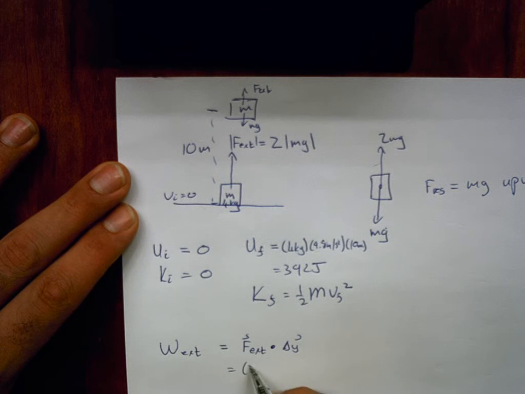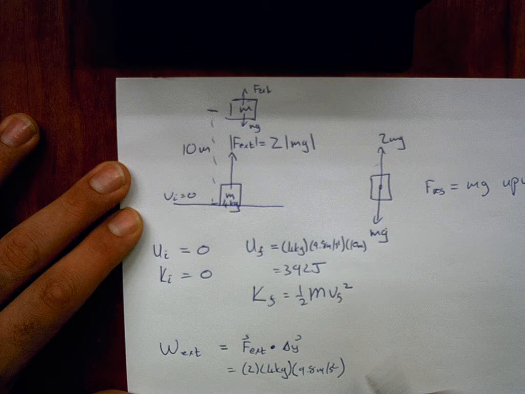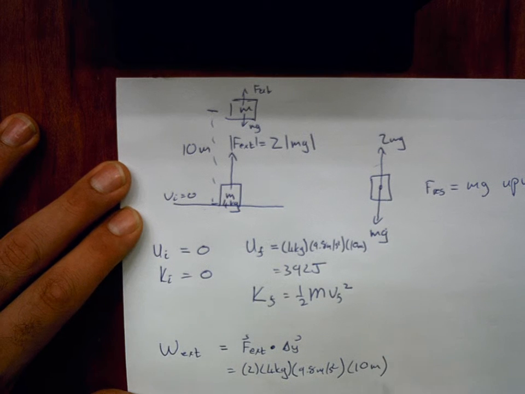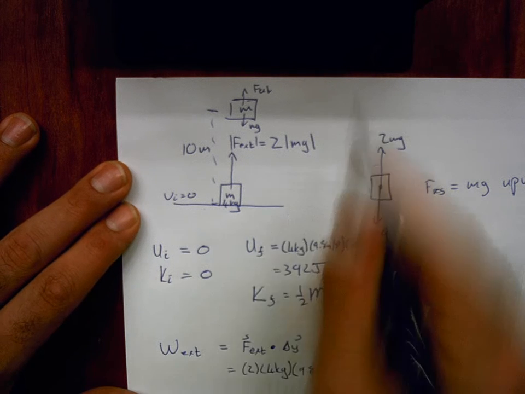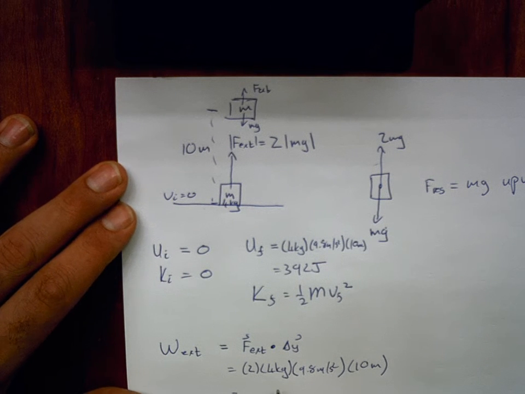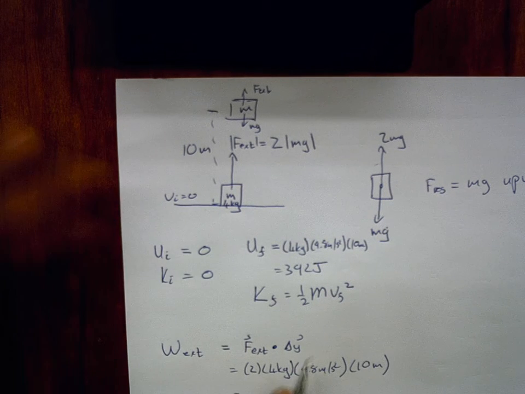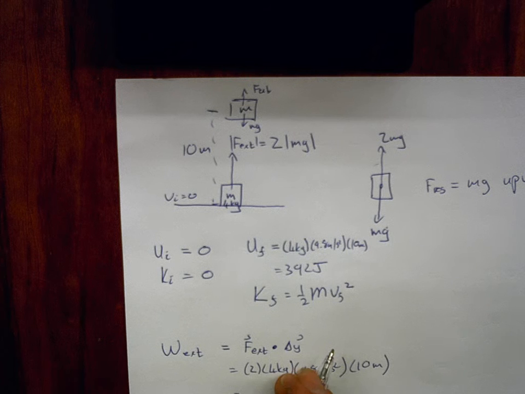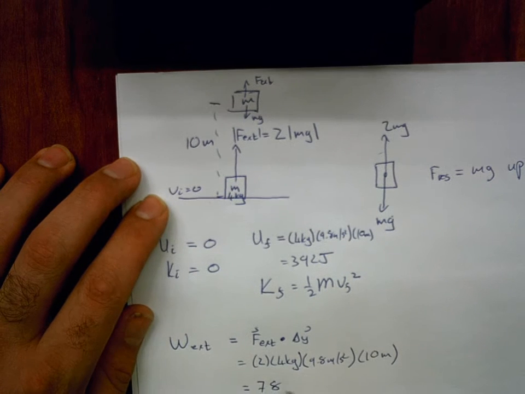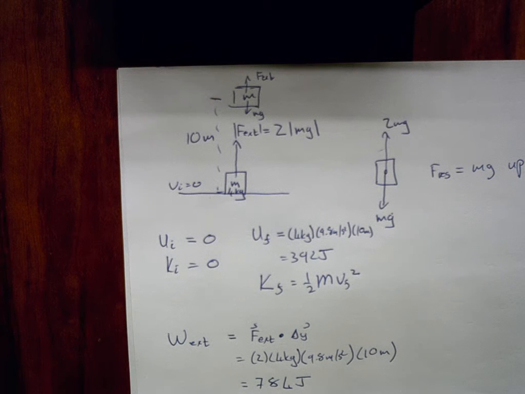The external force is 2 times, because we say it's twice as large as the weight, so it's 2 times m times g, times 10 meters. Both of these are upwards. And we find this is then equal to 784 joules. This is the amount of work done by the external force.